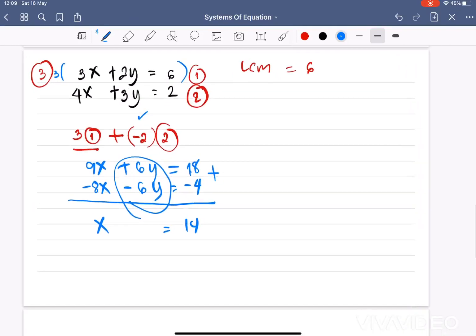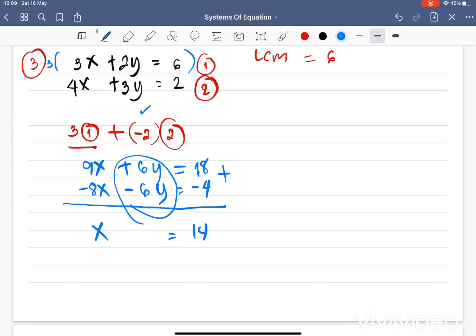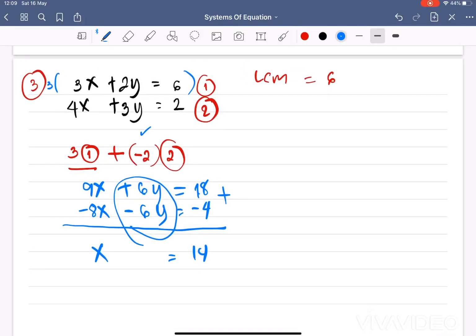Now, again, the same steps we're going to follow, 1 and 2. We need to use either of the equations and then replace the x with 14. Let us say if we're going to use equation number 1, we can use 14 for x. So we have equation 1, which is 3x plus 2y is equal to 6. So we have 3 times 14 plus 2y is equal to 6.